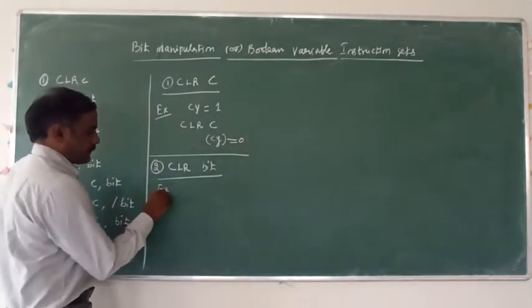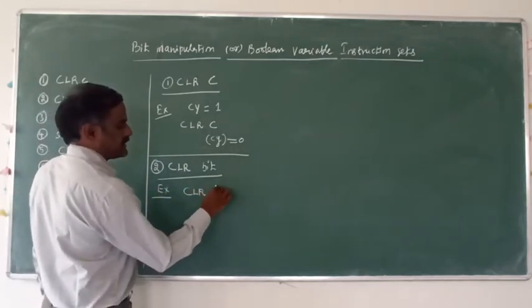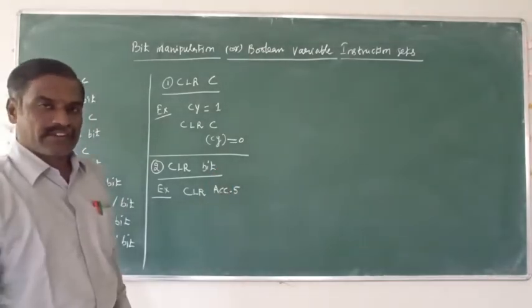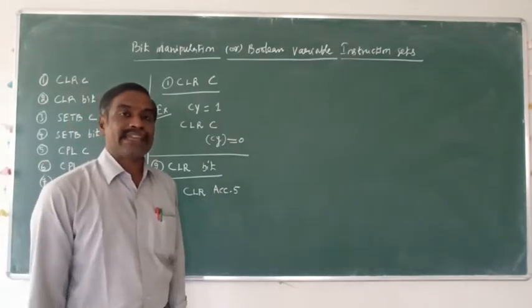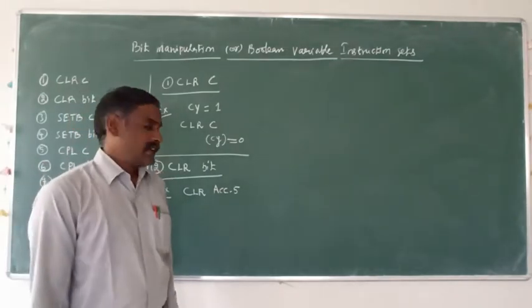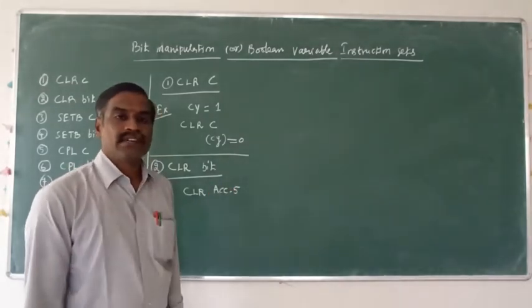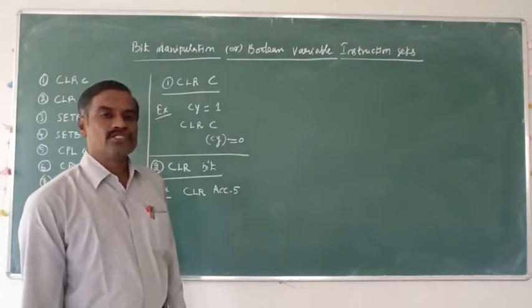Example, CLR ACC.5. Here the accumulator's fifth bit data is cleared, made 0.